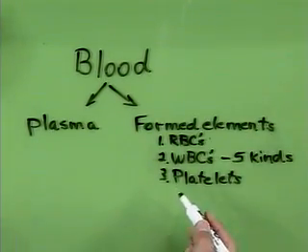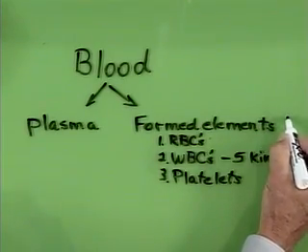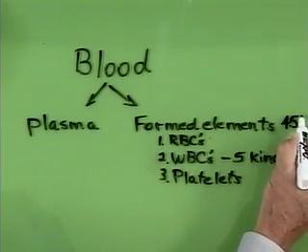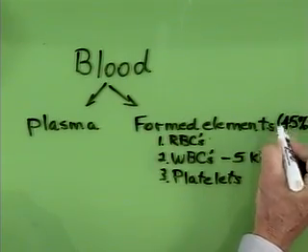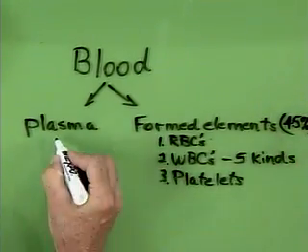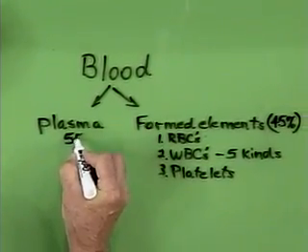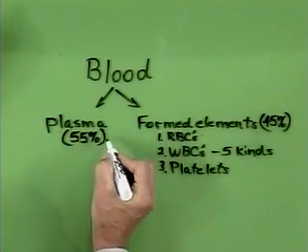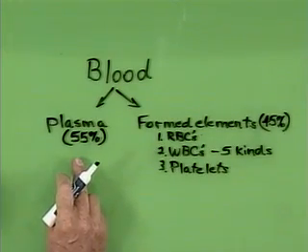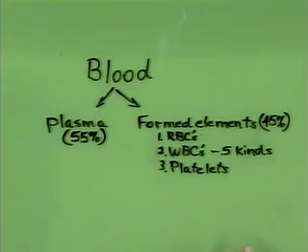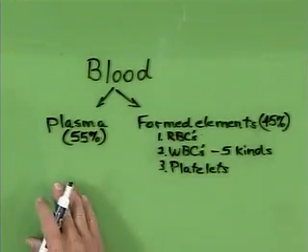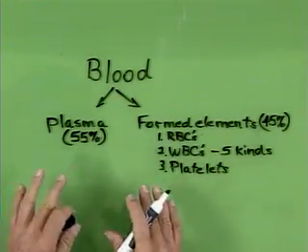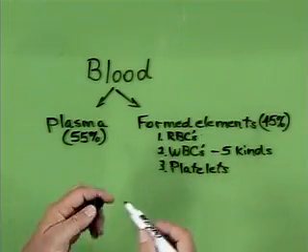The formed elements actually make up about 45% of the blood volume. And then the plasma over here is about 55%. The plasma itself is mostly water, but there are some proteins and other organic materials in it. So when we talk about blood, just separate in your mind the concept of plasma versus formed elements.